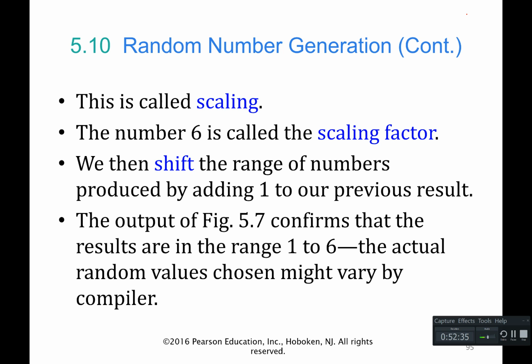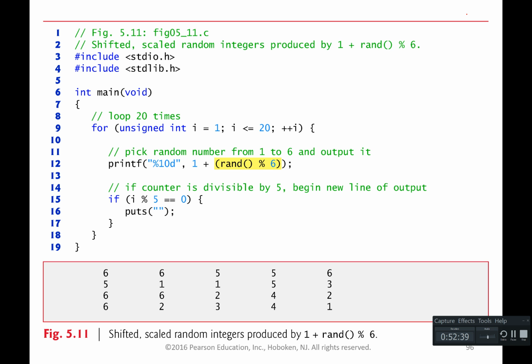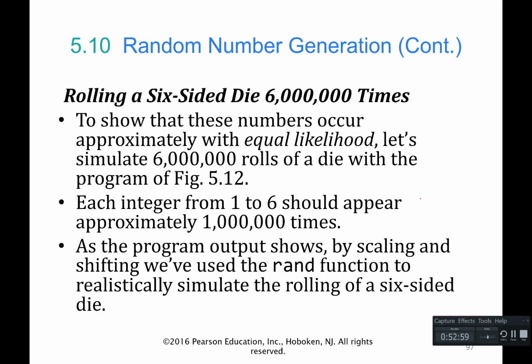And we're going to assume that it's relatively random between those. So here we have a function that's going to throw a series of dice. Now, there's a problem with the rand function in that it needs to be randomized each time, and we'll talk about that in a few minutes.